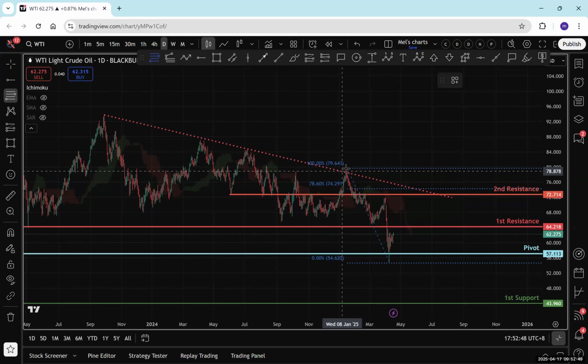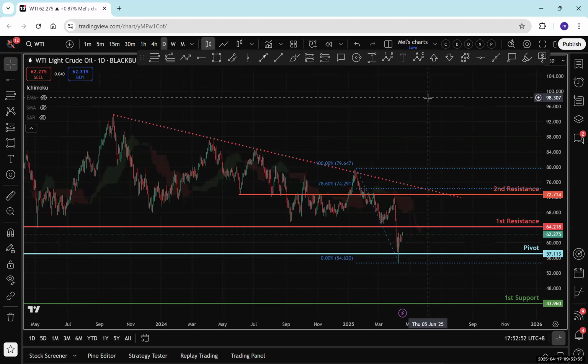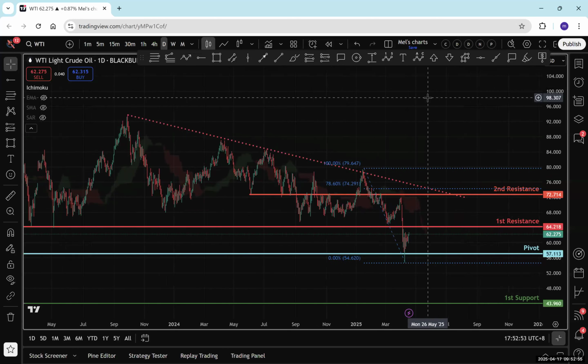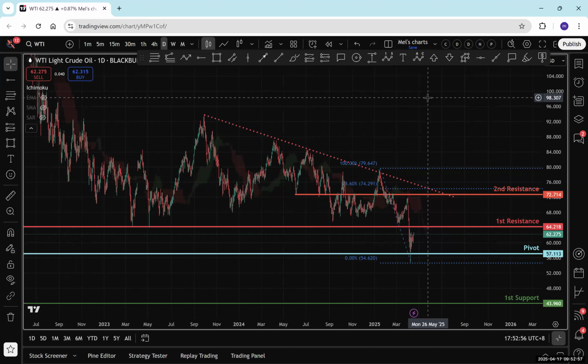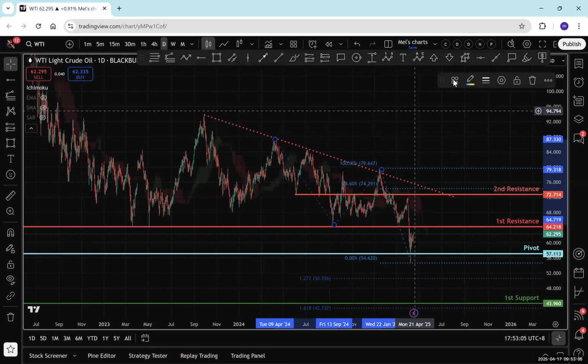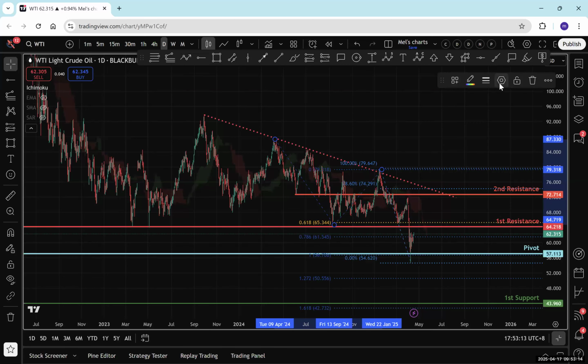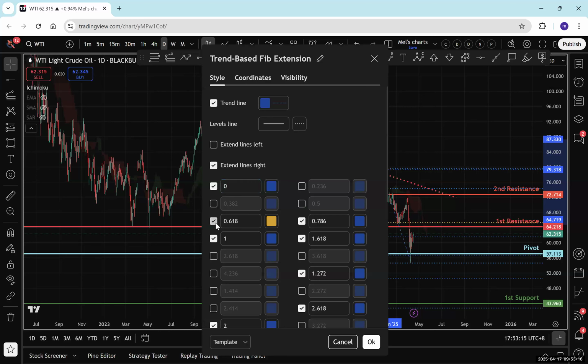Let's look at projection. Okay, 100% lines up exactly at our pivot. So I'm gonna use 100 and also 161.